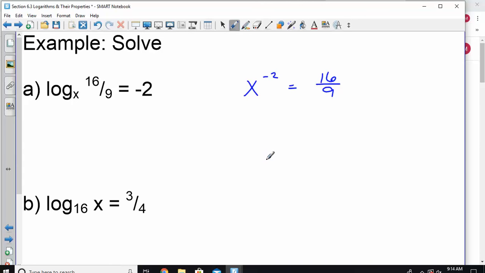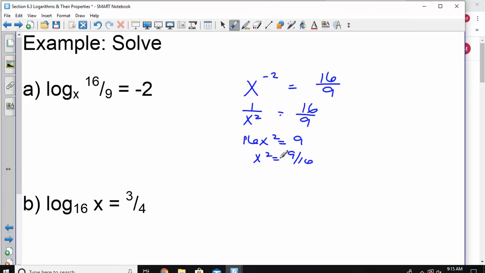Then what would you do? Okay. A negative power would change course. Then what could we do? Sure, we could cross multiply. So that would be 16x squared equals 9. So x squared equals 9 over 16.